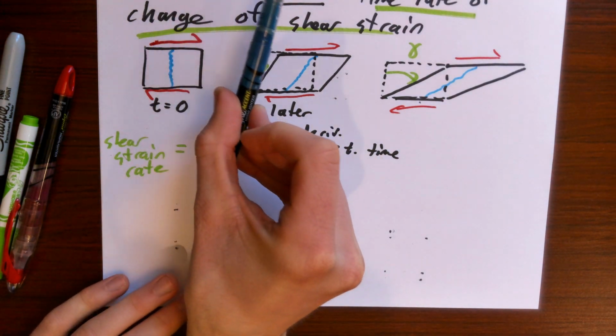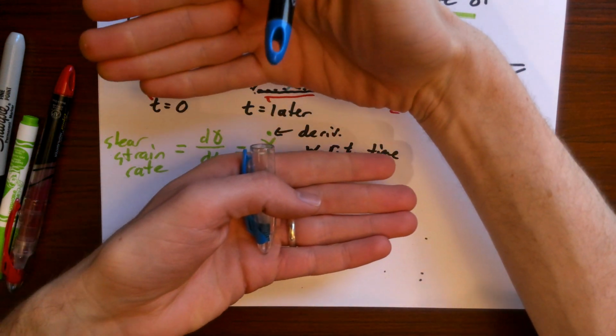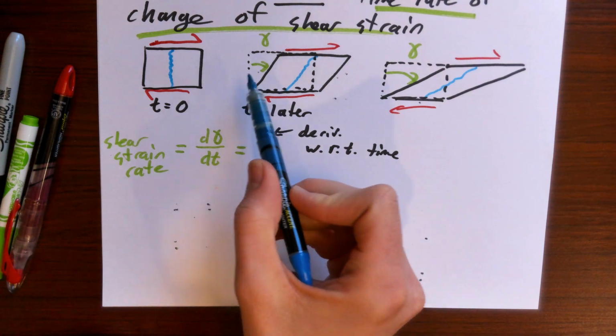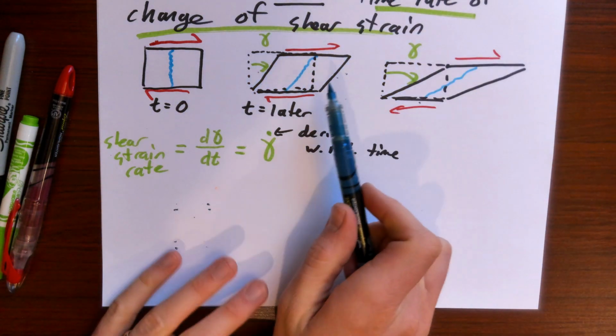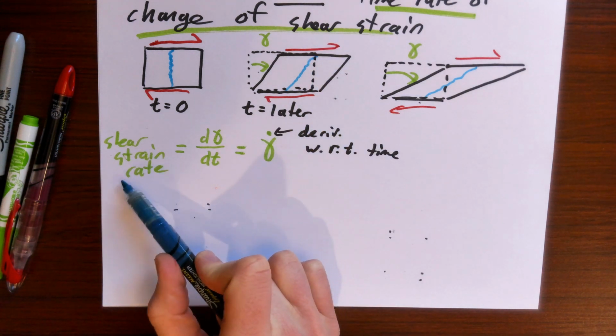That angle was rotating as the fluid was being sheared by the shear stress that I applied. So while I was applying that shear stress, there was a non-zero shear strain rate.